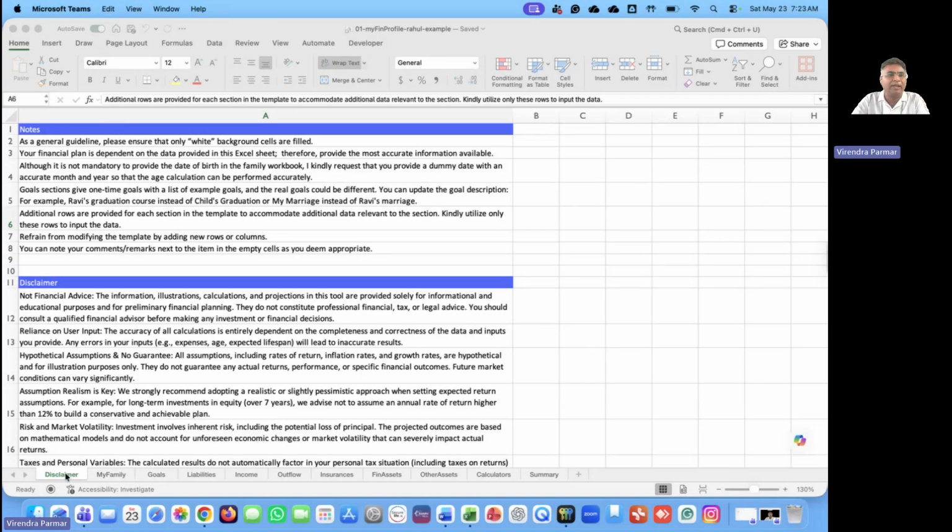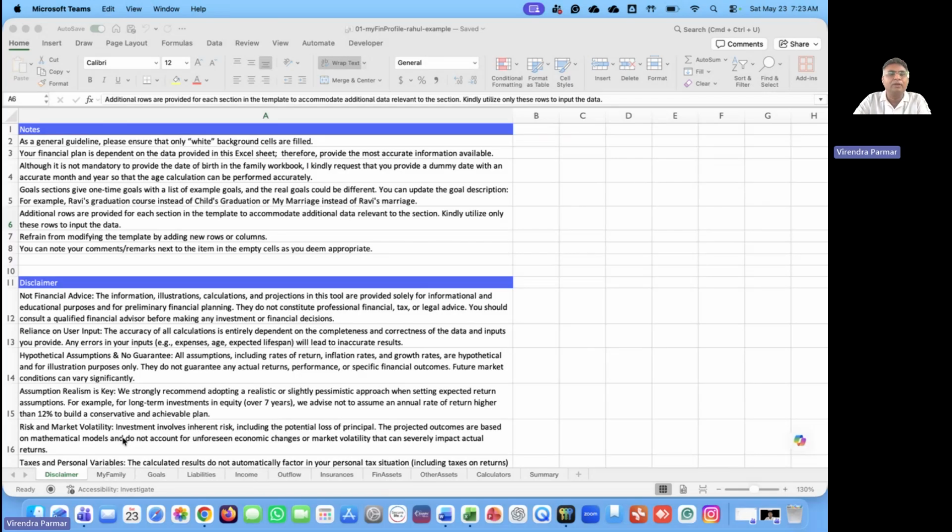As you can see, this file has many tabs: disclaimer, my family, goals, liabilities, income, outflow, insurances, assets, calculators, and summary. You need to go from left to right and fill up each one. First and foremost is the disclaimer. I recommend you read each and every line over here so that you understand what it means and what specific assumptions are made.